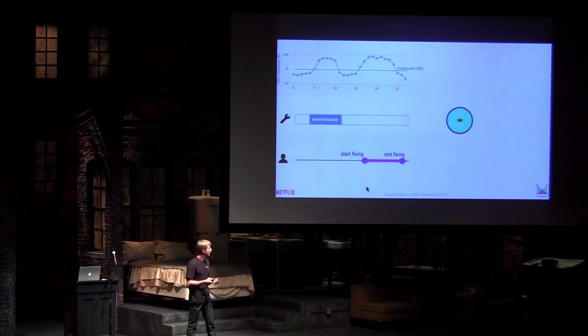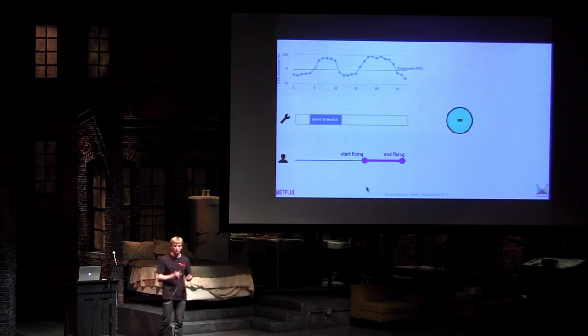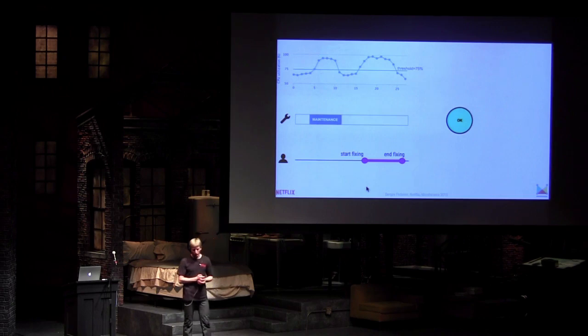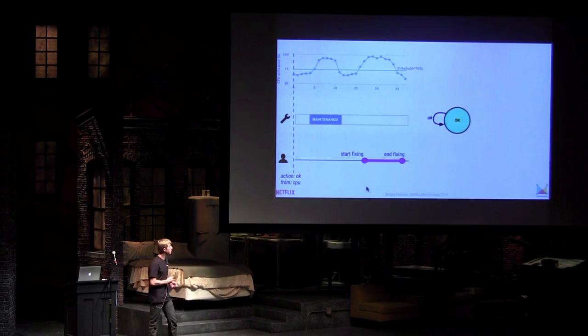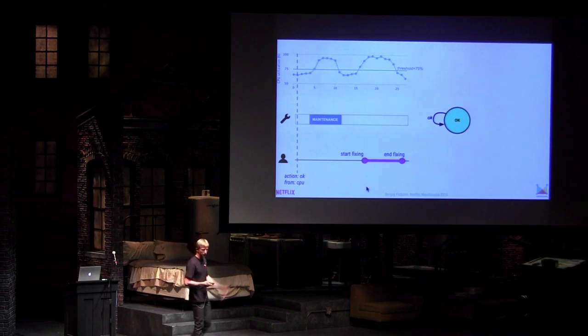And there is a user, probably on call, who keeps track of the system. Originally, things are running fine, and our CPU utilization metric for some particular cache is in the OK state. The CPU utilization processor receives the signal, compares it to the threshold, and says, that's OK, it's below. So it sends the OK signal to the state machine, and we do not need to change. We're still good.